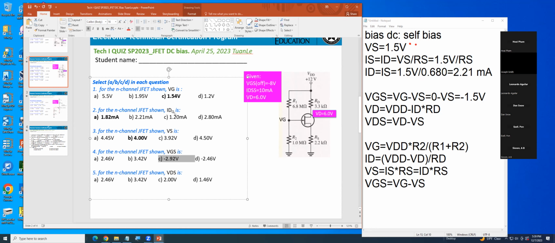You take 1.54 minus 4. Yes, sir, it's D. Okay, let me try. Yeah, it's D. 1.54 minus 4 is minus 2.46.